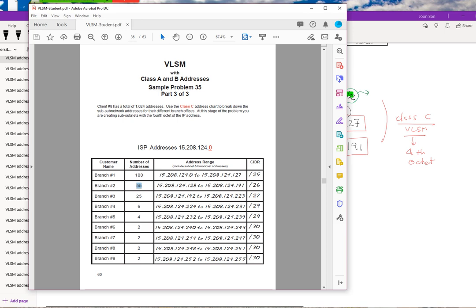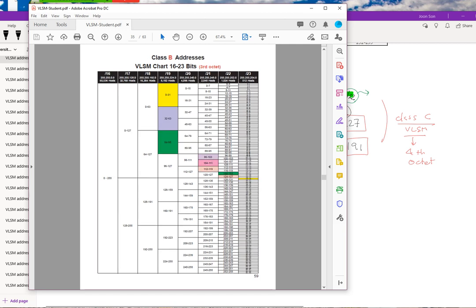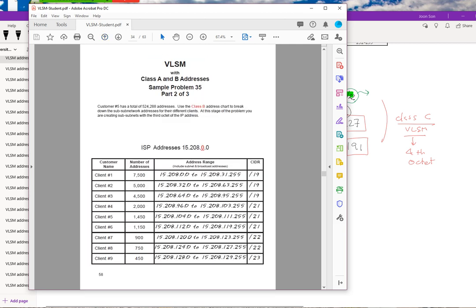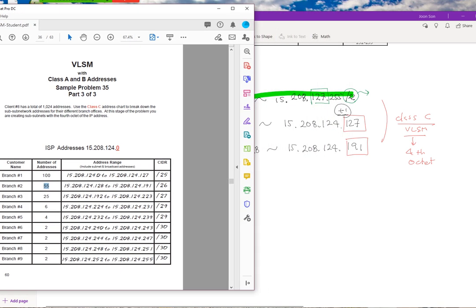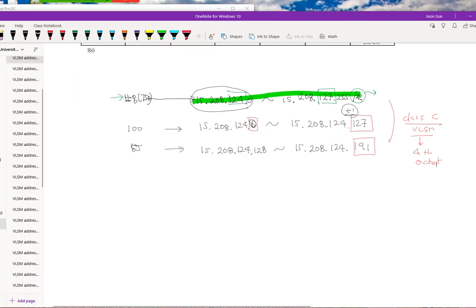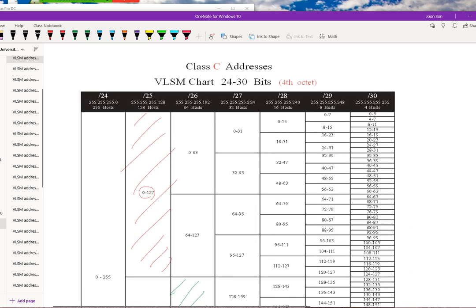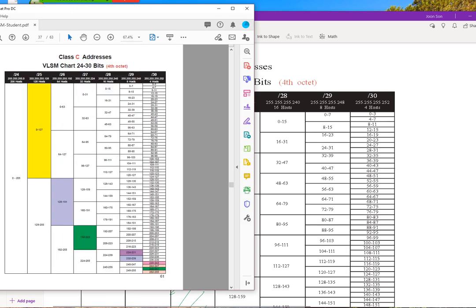Okay, now, before we move to the next topic, I want you to take a look at a couple of things. Let's take a look at branch 8. The number of addresses is 2. So for the 2, we have to use a slash 30.